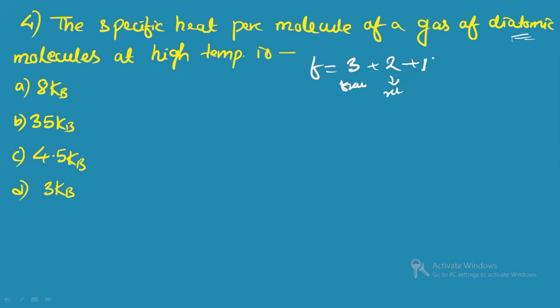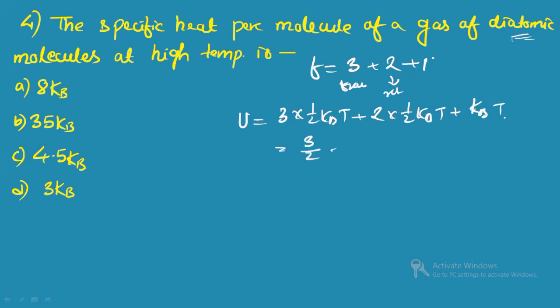Yes or no? So when you calculate U, it equals 3 into half kBT, energy associated with translational, 2 into half kBT, energy associated with rotational, and only kBT for vibrational.